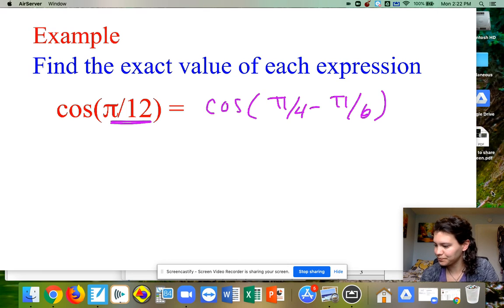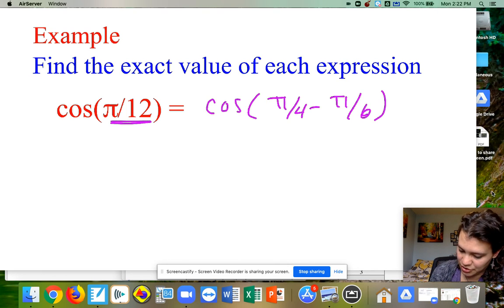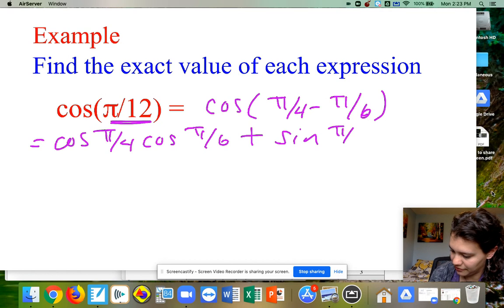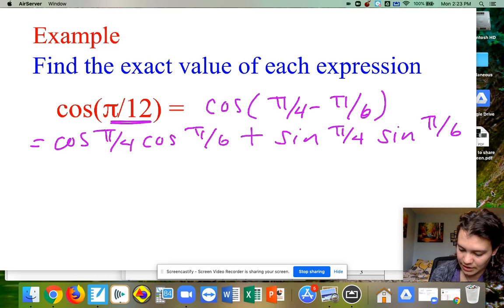So with the formula, we're subtracting now, so we have cosine of pi over 4, cosine of pi over 6, plus sine of pi over 4, sine of pi over 6. And again, you're still going to use your sheet to fill these out.